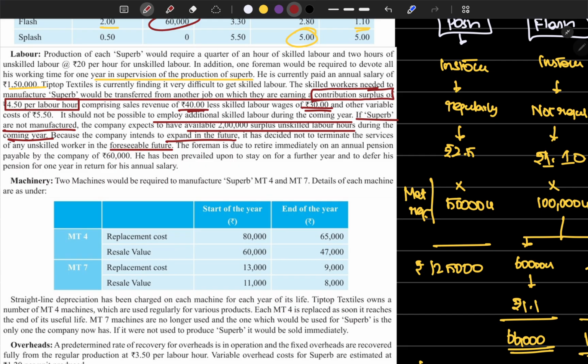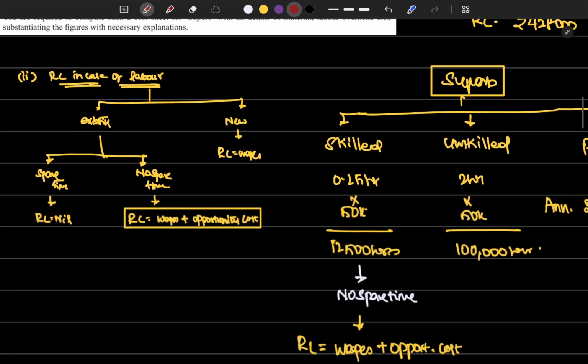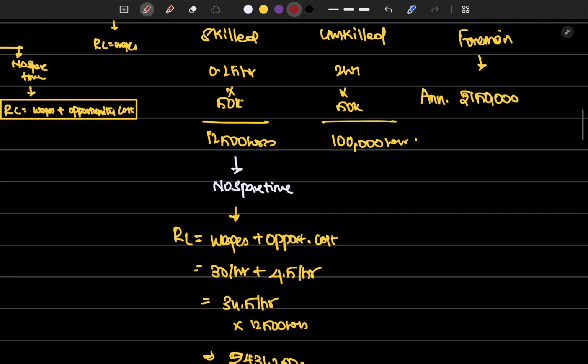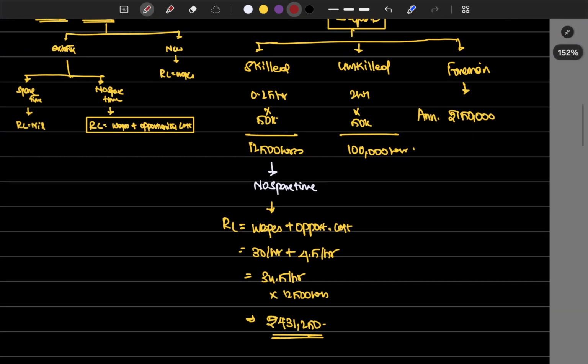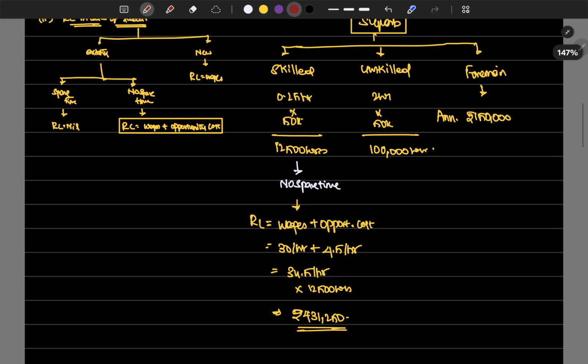So they don't have any work for 2 lakh hours of unskilled labor. So they have spare time. If they have spare time, our relevant cost will become 0, right?